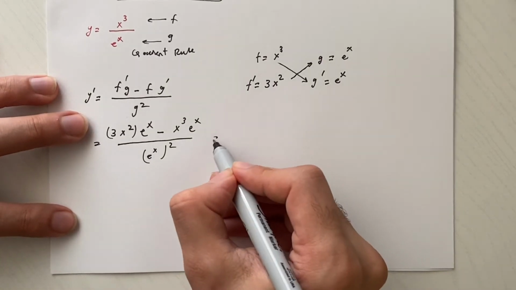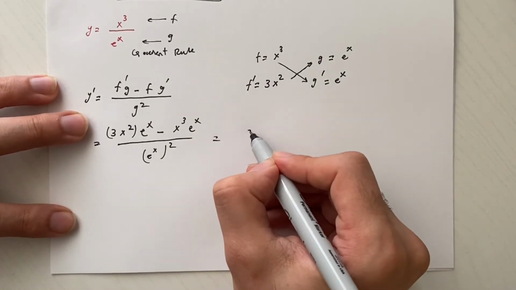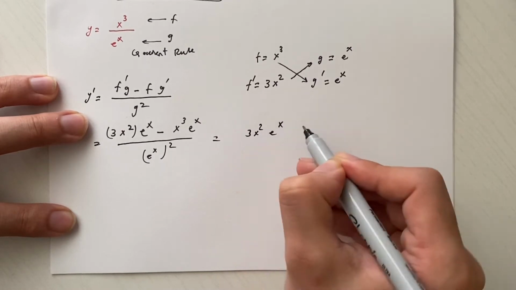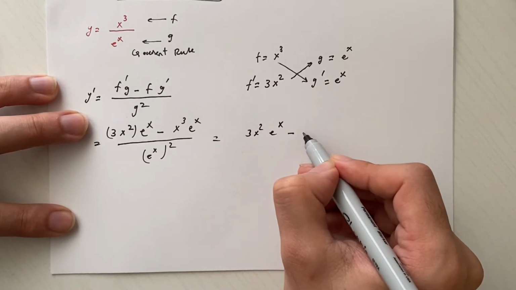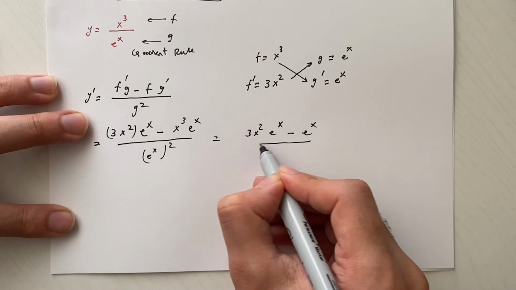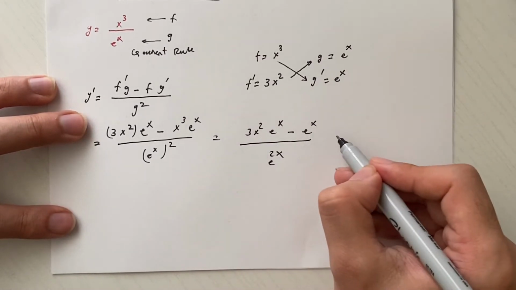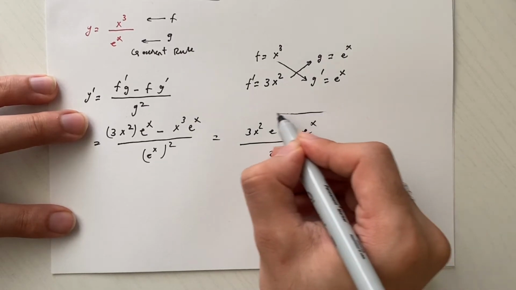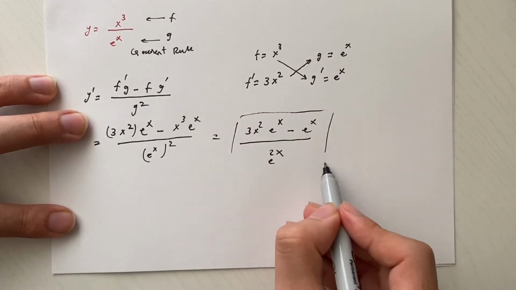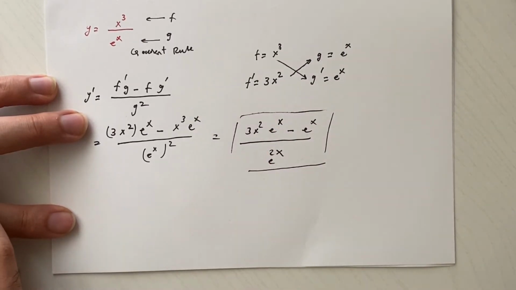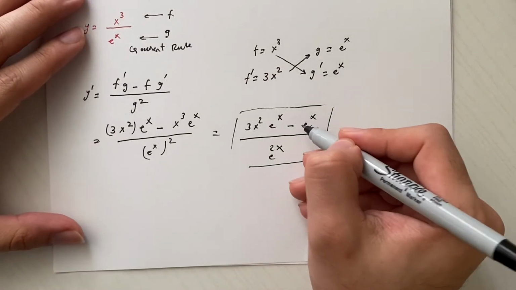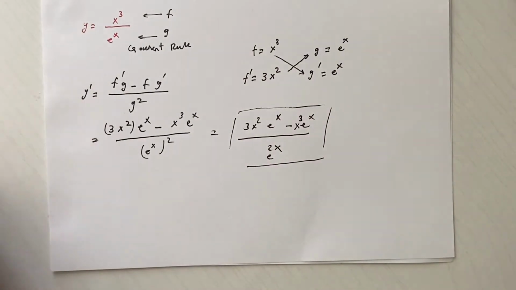Now what I'm going to do is write that as 3x squared e to the x minus x cubed e to the x, over e to the x all squared. Remember, e to the x all squared is the same as e to the 2x. Now I'm just gonna add x cubed.